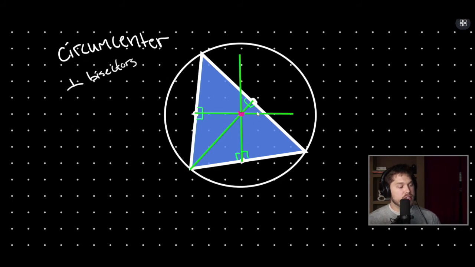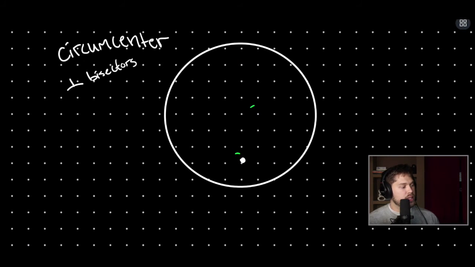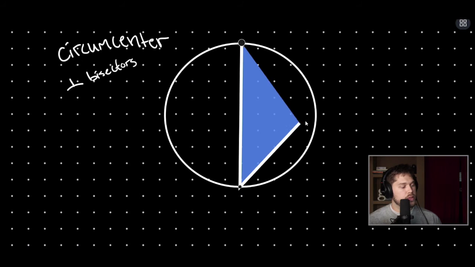Now, this was an acute triangle. What about a right triangle? So let's clean up this picture. I'm going to erase these lines. I'm going to erase this triangle. Here, let me erase these as well. Okay, so a right triangle, let's draw a right triangle in our circle.